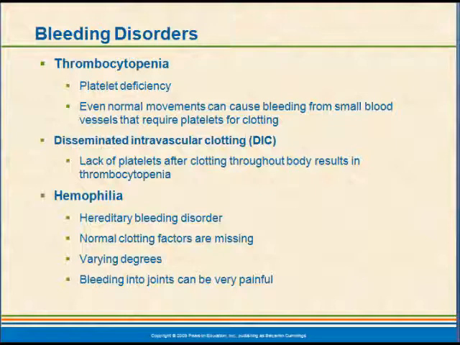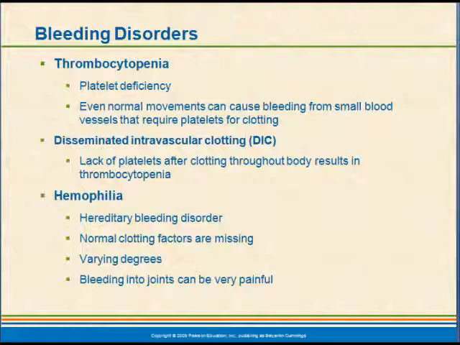There is something called disseminated intravascular clotting, and this leads to a secondary thrombocytopenia. What will happen with DIC is exposure to something that triggers the clotting cascade will result in small clots forming throughout the bloodstream.